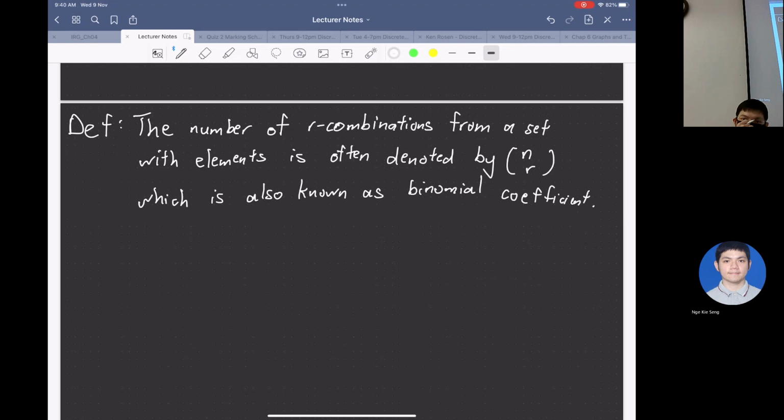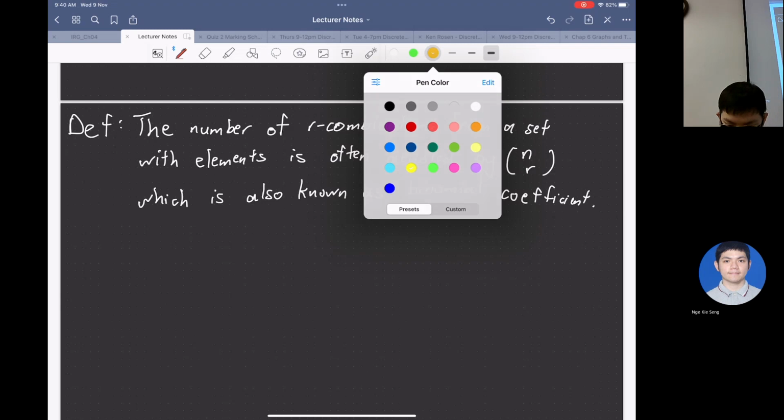So what is the binomial coefficient about? Let's look at this example here.